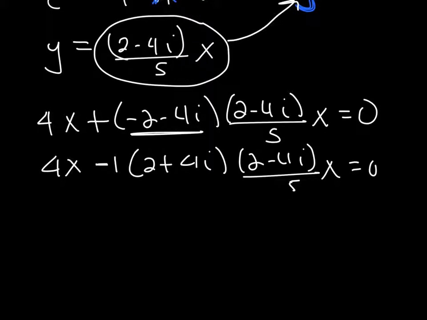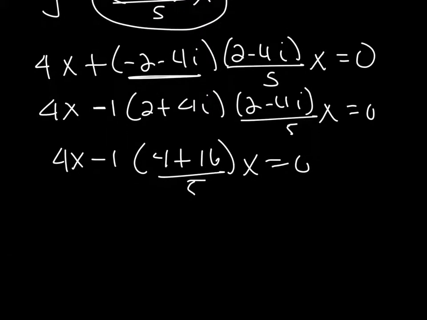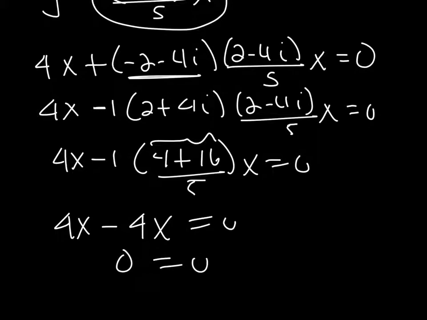You can FOIL it out, but we know a plus bi times a minus bi is really just a squared plus b squared, so that's 4 plus 16, all divided by 5, x equals 0. And then we get 4x minus, okay, that's 20, divided by 5 is 4x. So we get 0 equals 0, so I did not get a specific x or a y.